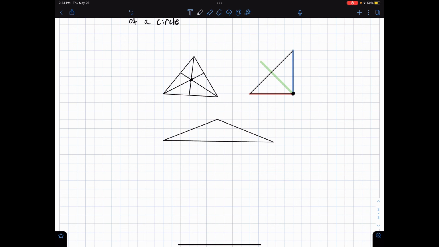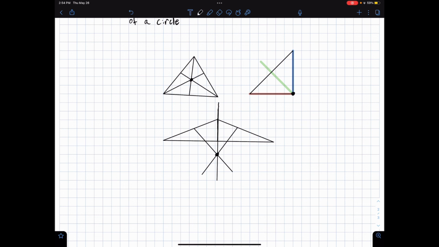Okay, so we have one height here. We have one height that goes maybe like this, and we have one height that goes maybe like this. And now if we extend this height here, we can see that the orthocenter is outside of the triangle.